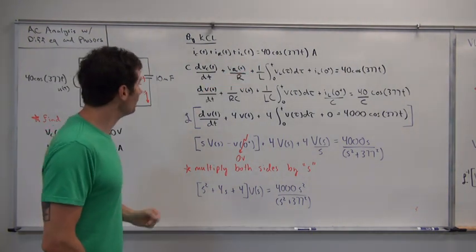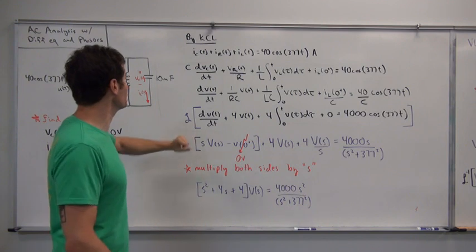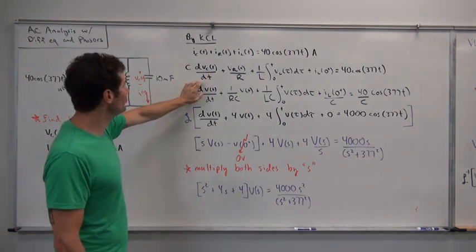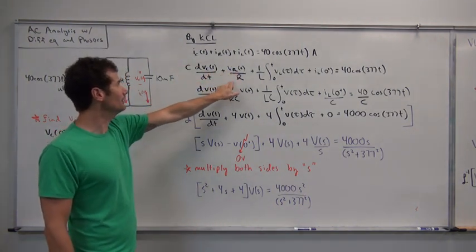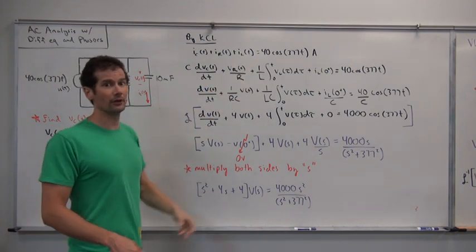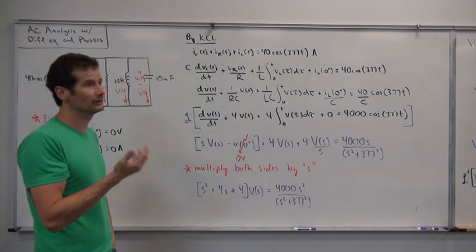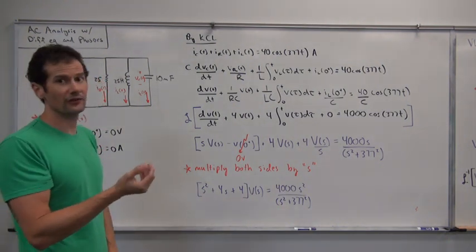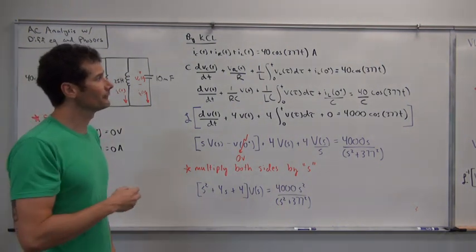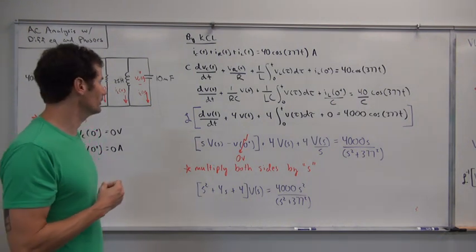Go ahead and expand that out by their current-voltage characteristics, and we get C dVC(t)/dt plus VR of t divided by R plus 1 over L times the integral from 0 to t of VL tau d tau plus IL of 0 plus, which is equal to 40 cosine of 377t.